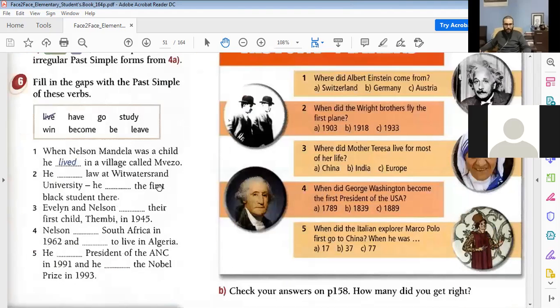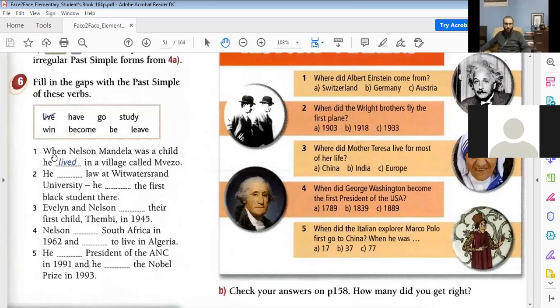But let's do number 6. It says fill in the gaps with the past simple of these verbs. In the box, we have them in the present tense, and we have to change them to the past simple.